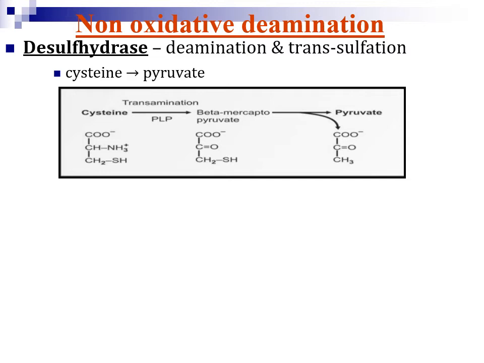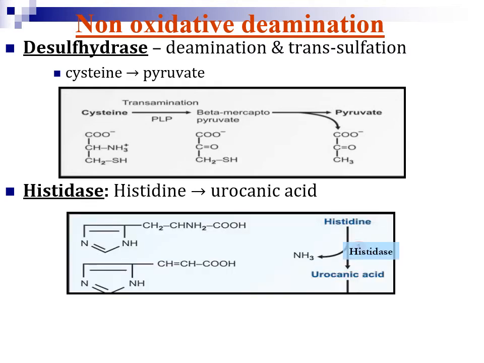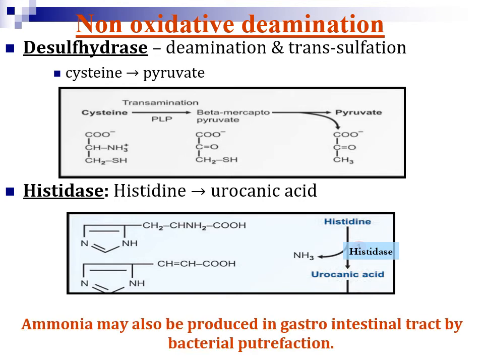Then the histidase enzyme converts histidine to urocanic acid. Ammonia may also be produced in the GI tract by bacterial putrefaction. So not only by transdeamination, a small amount of ammonia is also produced by gastrointestinal bacteria.